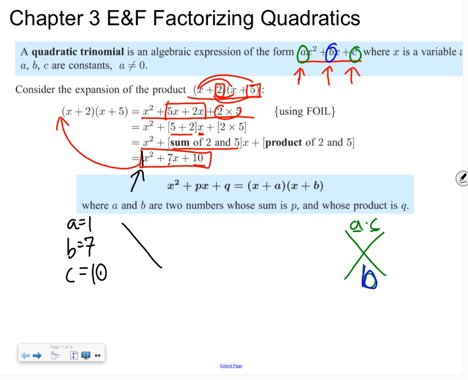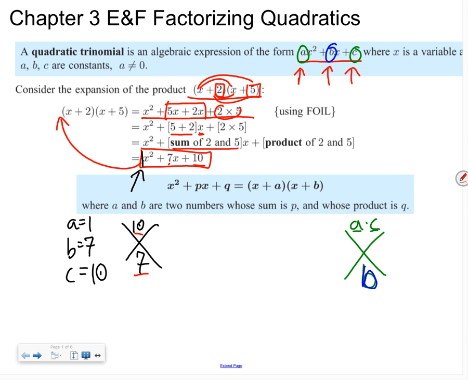So if we insert a times c, that's 10, and our b value is here. As this is saying, we want two numbers whose sum is b and whose product is a times c.